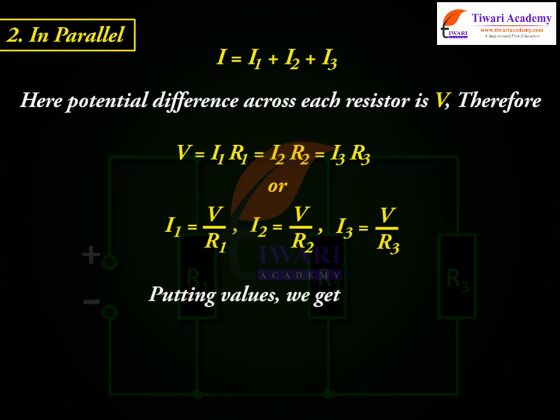Putting values, we get I is equal to V by R1 plus V by R2 plus V by R3.